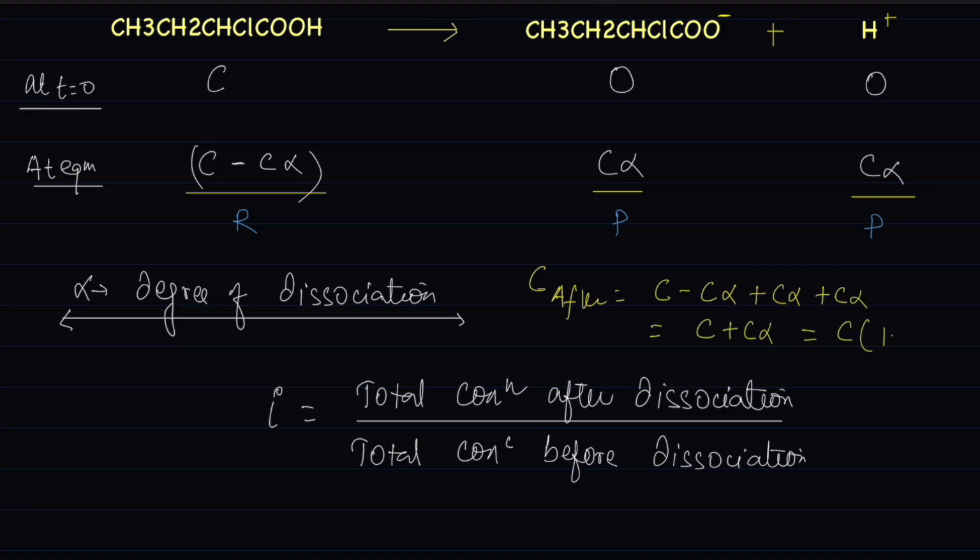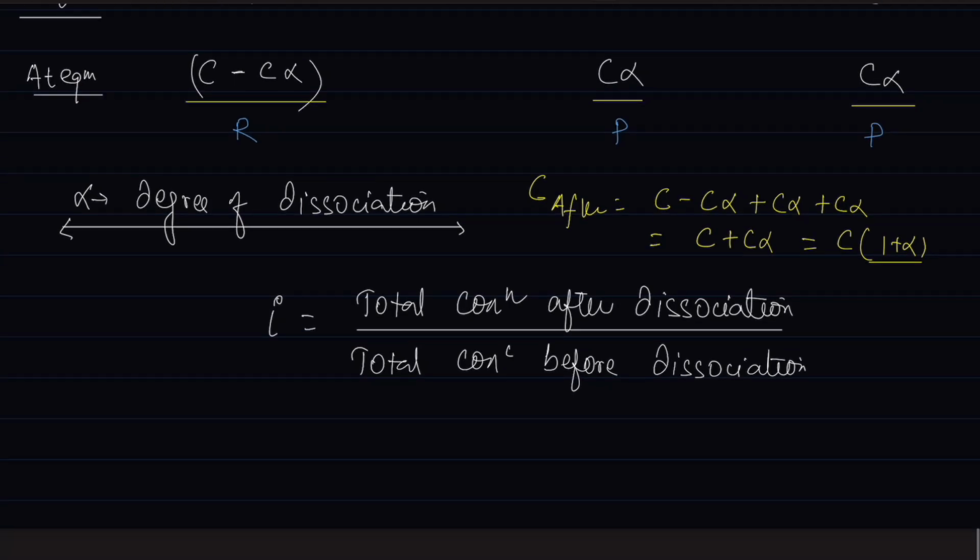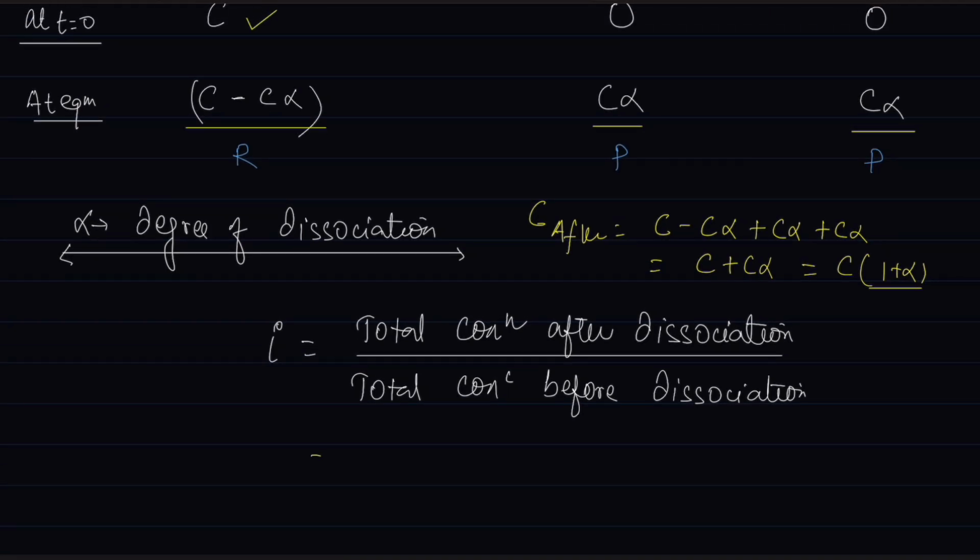So C into 1 plus alpha. Total concentration before dissociation is C. So now if we substitute the value here, we can write i is equal to C into 1 plus alpha divided by C. So C gets cancelled. It's 1 plus alpha. So i value, we found it as 1 plus alpha.